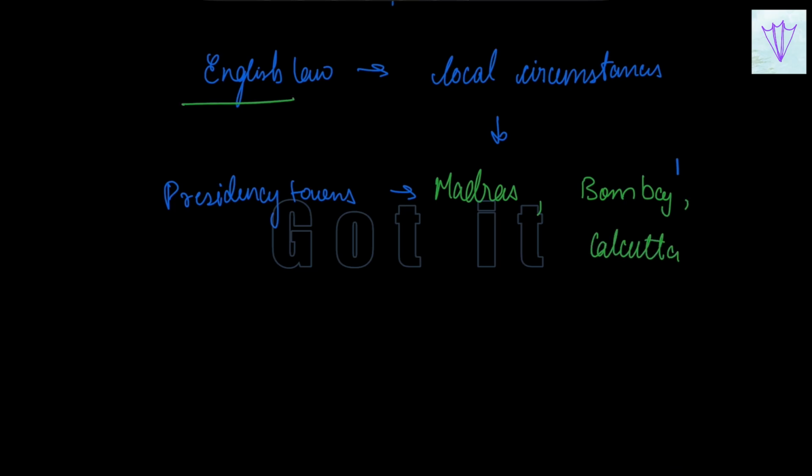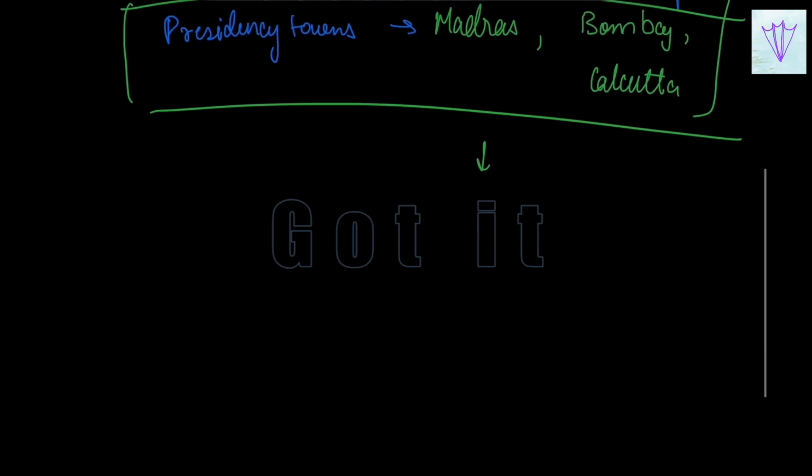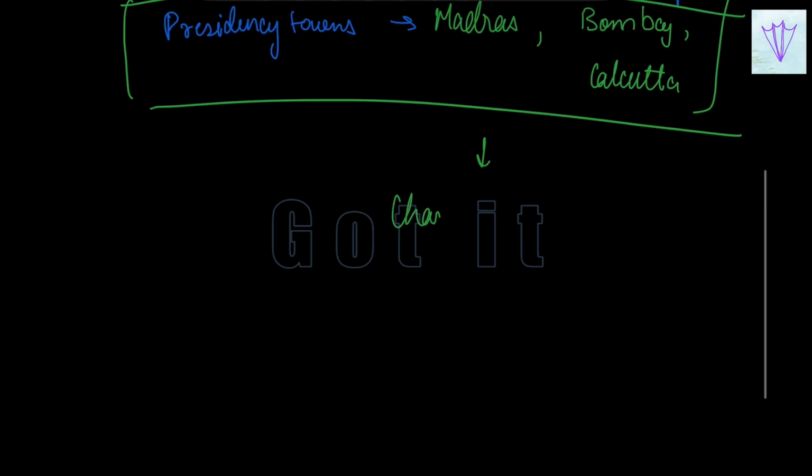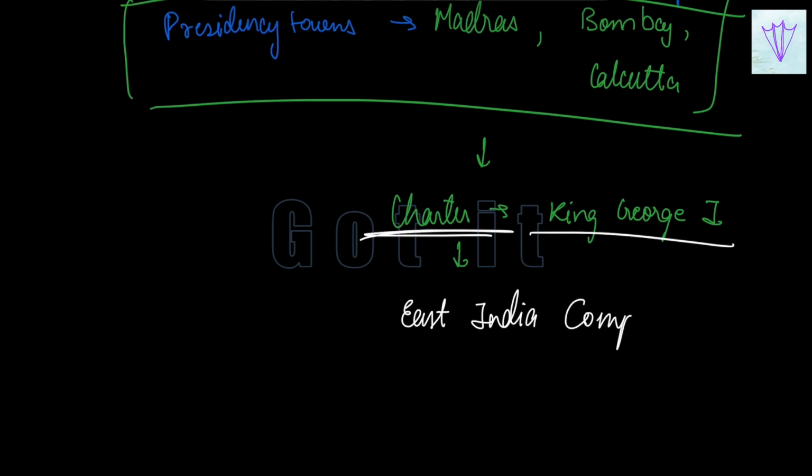So English law was based on local circumstances in these presidency towns, based on the charter which was granted by King George I to the East India Company.